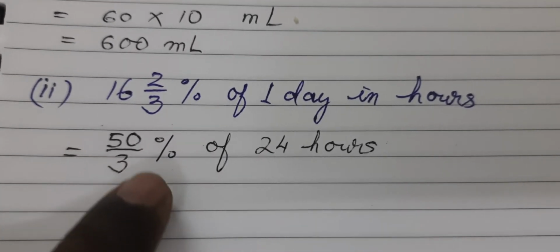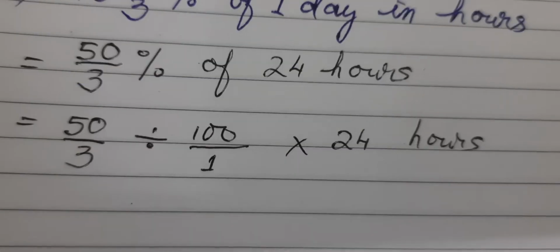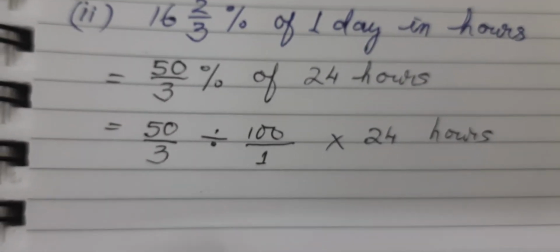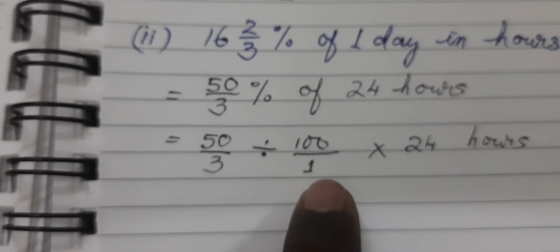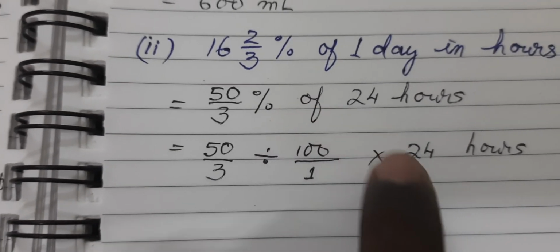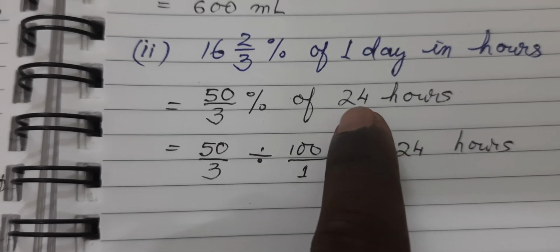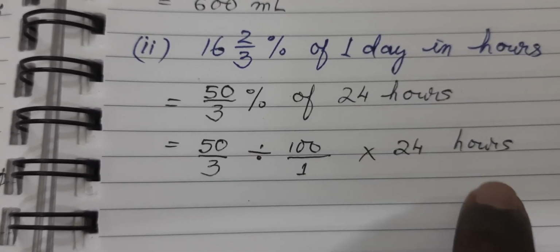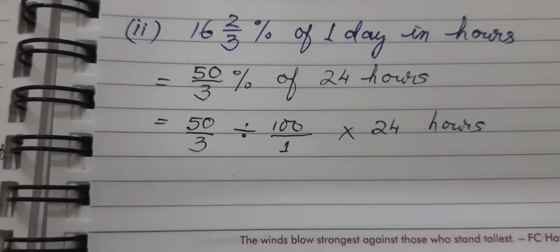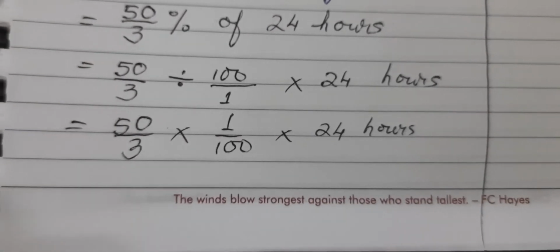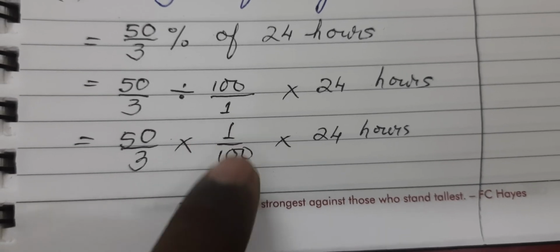Now we will remove this percentage by dividing by 100. 100 means 100 by 1. Of here means multiplication. So multiplied by 24 hours. Now division sign over here will change to multiplication sign. And 100 by 1 changes to 1 by 100.